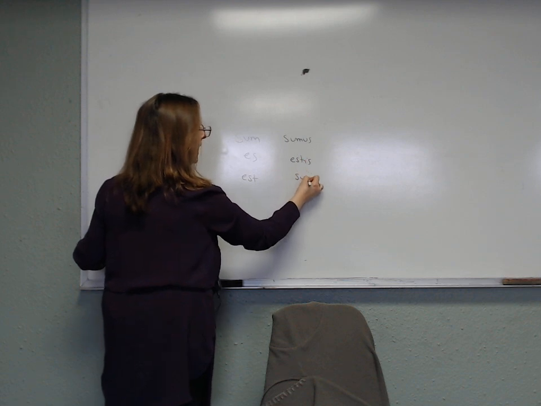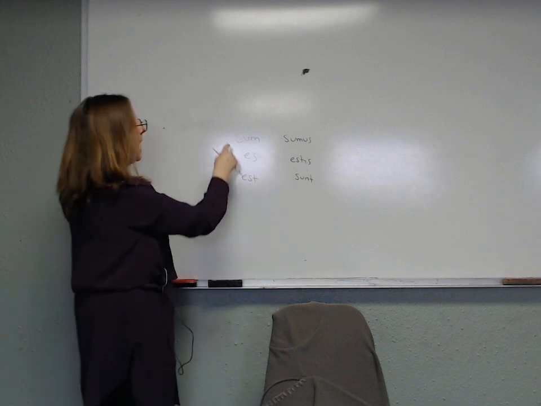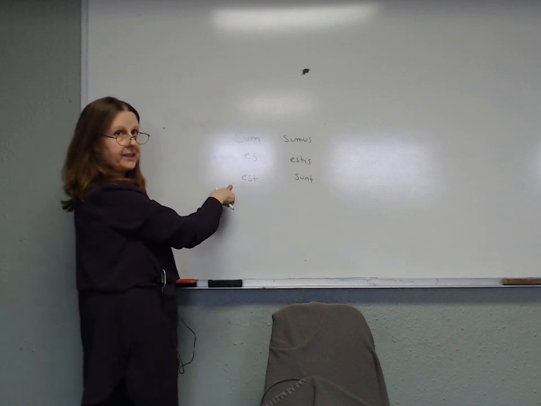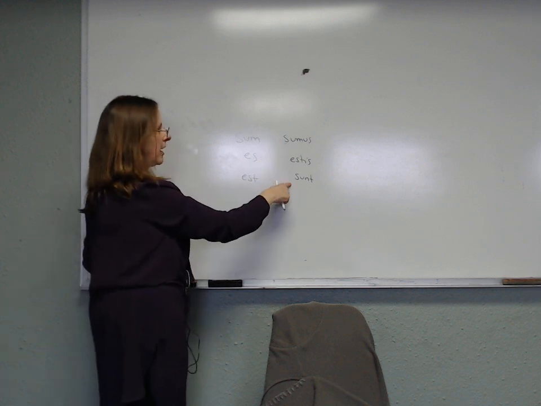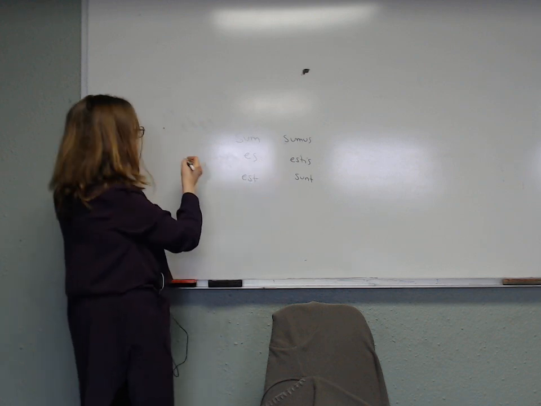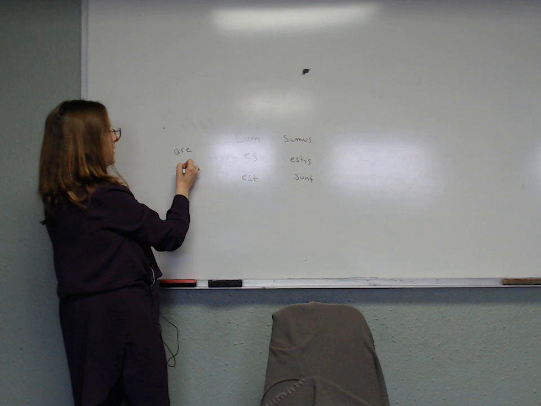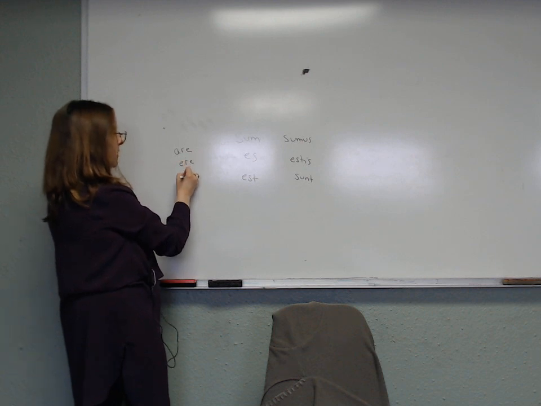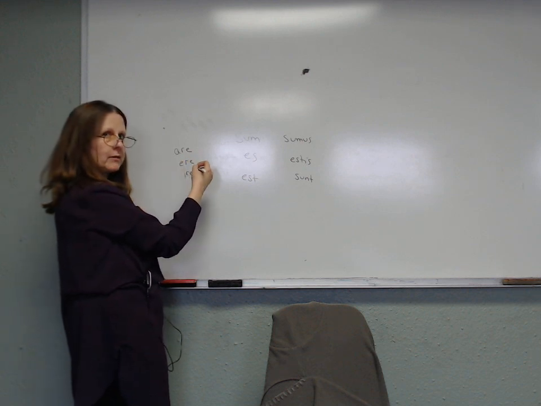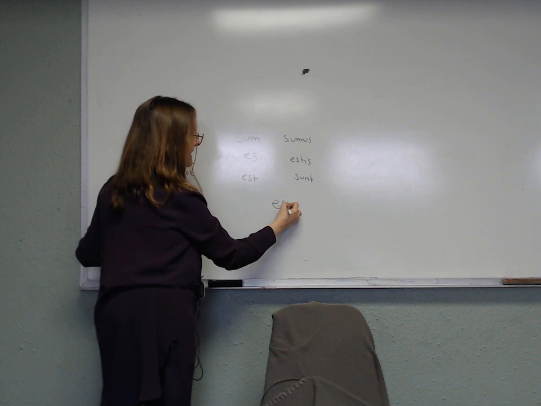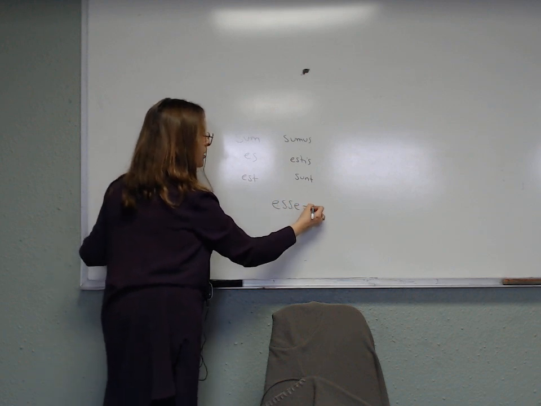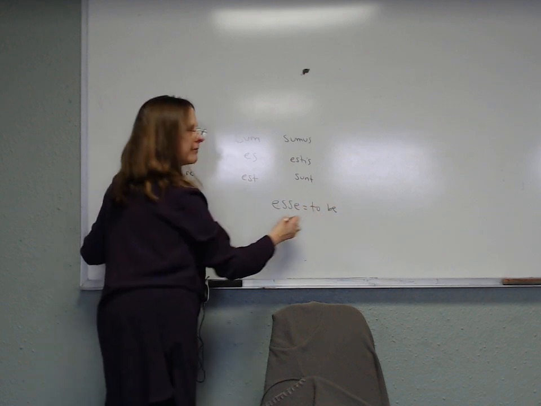So we've met est and sunt for a long time. I am, you are, he, she, it is. We are, you all are, they are. And the infinitive, you know, we're used to seeing an A-R-E or E-R-E or I-R-E and the to do it. The infinitive for this is esse. Esse means to be. It's the infinitive.